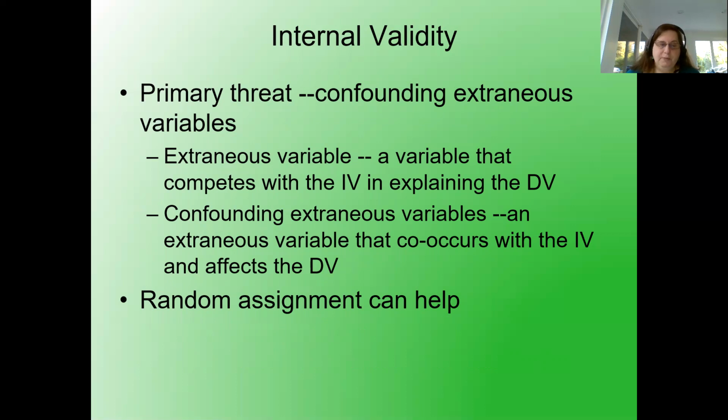Okay. So things you can do that really help. First of all, the biggest one is random assignment. You can try holding the influence constant, right? But really random assignment's the best way to help with that. So just think about random assignment as your main way to get around this sort of thing. Had I instead assigned students randomly to the tutoring and non-tutoring groups, I probably would have gotten a fair amount of people who were in honors in each group, right?